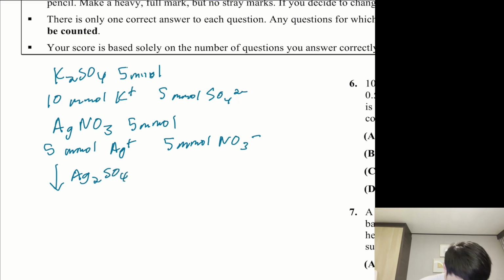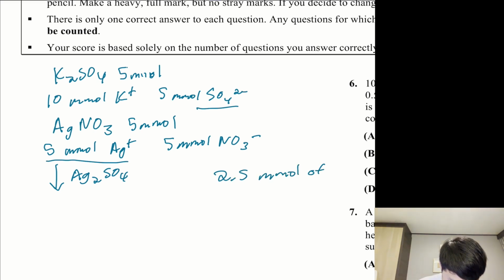So Ag2SO4 will precipitate out. And as silver sulfate precipitates out, that's going to change the amount of millimoles of silver and sulfate in solution. So we would imagine that all 5 millimoles of Ag+ will precipitate out. And because we only require half the amount of sulfate, there's still going to be 2.5 millimoles of SO4 2- remaining after this precipitation.